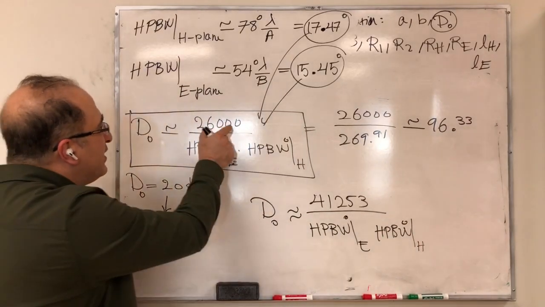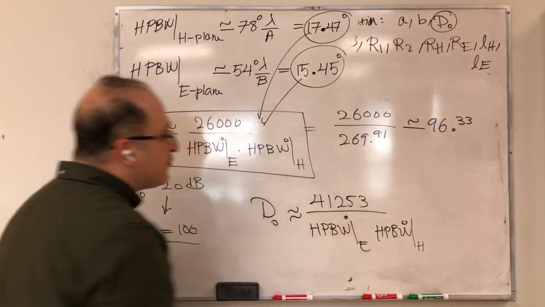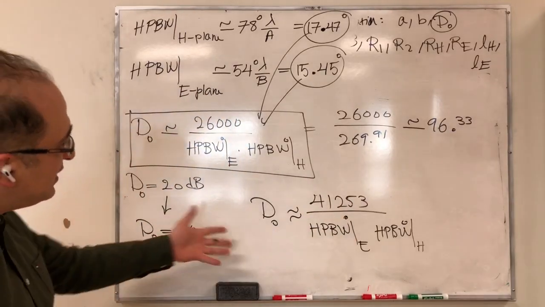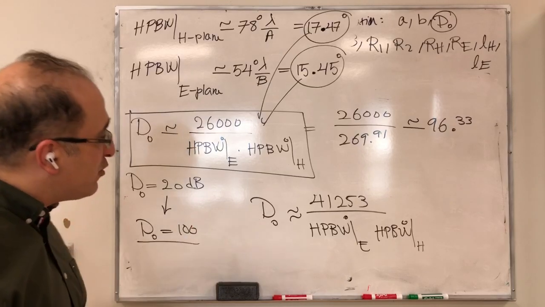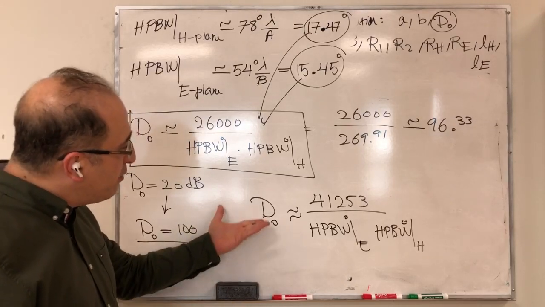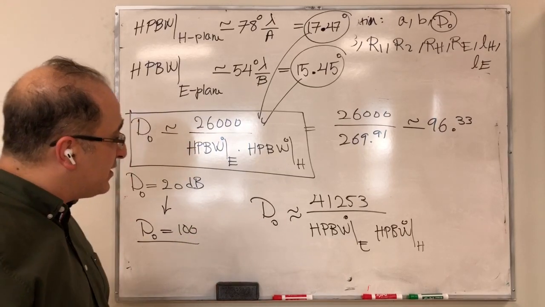As you see, this is 26,000 and this is 41,000, so it is a different equation. This one is more accurate for less directive antennas.